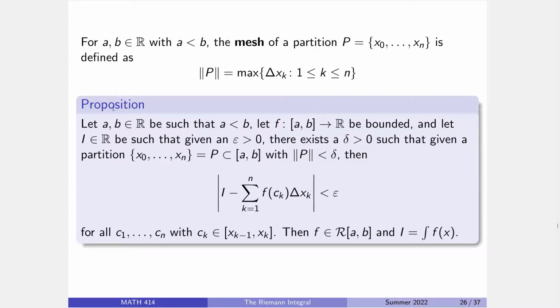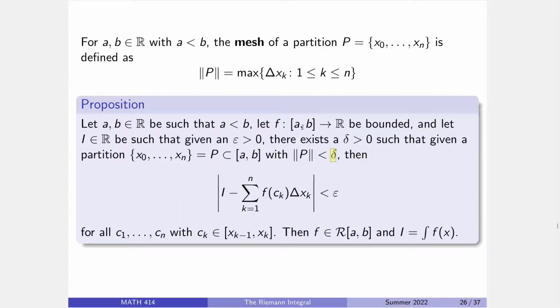So if I have a non-degenerate interval, I have a bounded function, and I have a real number I with the property that given an epsilon greater than 0, there exists a delta so that for any partition whose mesh, the thing that we're limiting, is less than delta, the Riemann sums are always within epsilon of I, for any partition whose maximum subinterval length does not exceed delta.